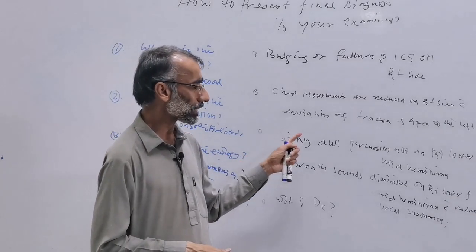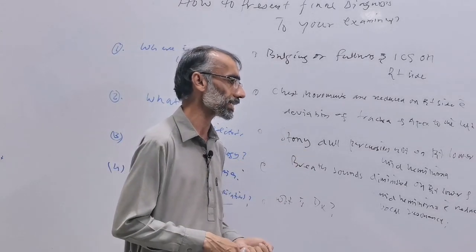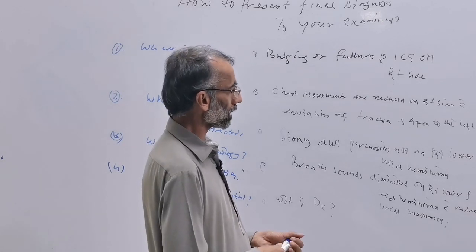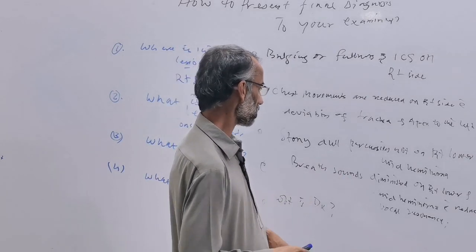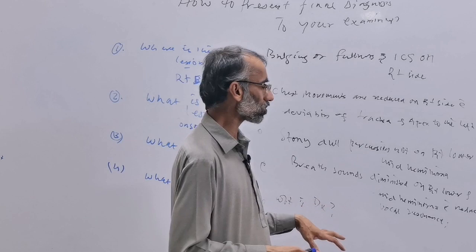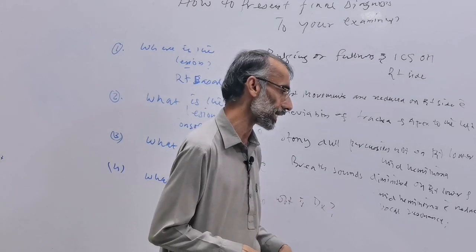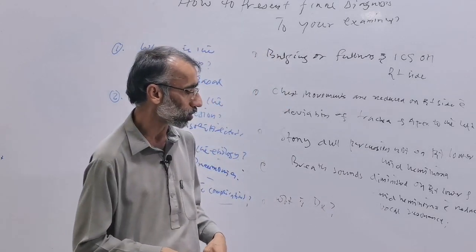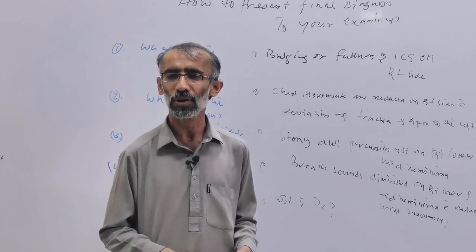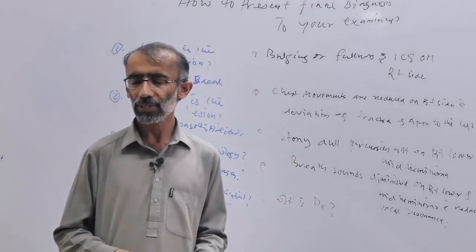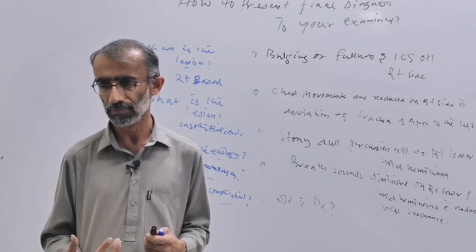There is stony dull percussion note on right lower and mid hemithorax. Breath sounds are diminished on right lower and mid hemithorax with reduced vocal resonance. What is your clinical diagnosis?